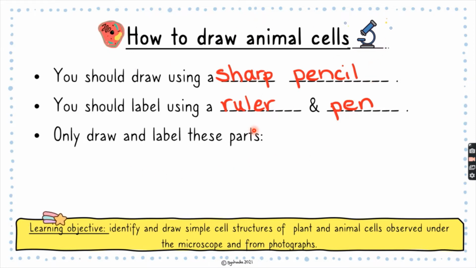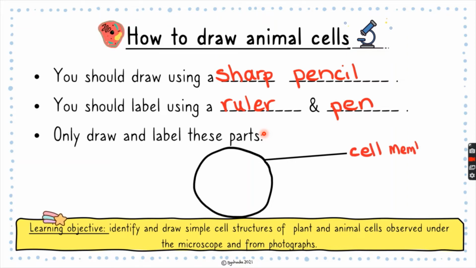So for the animal cell, you need to draw and just label these parts only, so you should only identify these parts. So how to draw an animal cell? You draw a circle just like that, and this line right here is what we call the cell membrane.